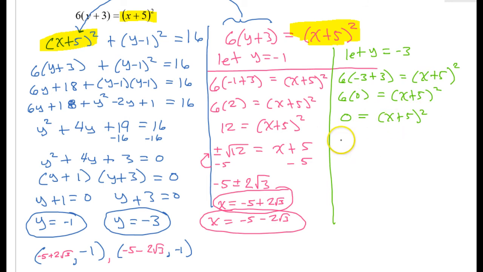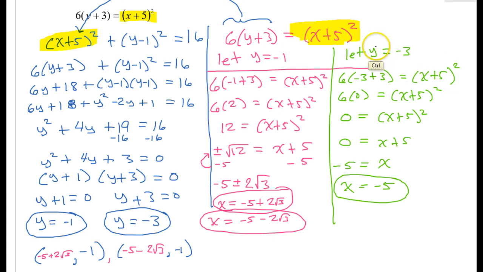Taking the square root of both sides, we get 0 is equal to x plus 5, since the square root of 0 is just 0. Subtracting 5 from both sides, we have -5 is equal to x. Or we usually would write it in this order, x equals -5.